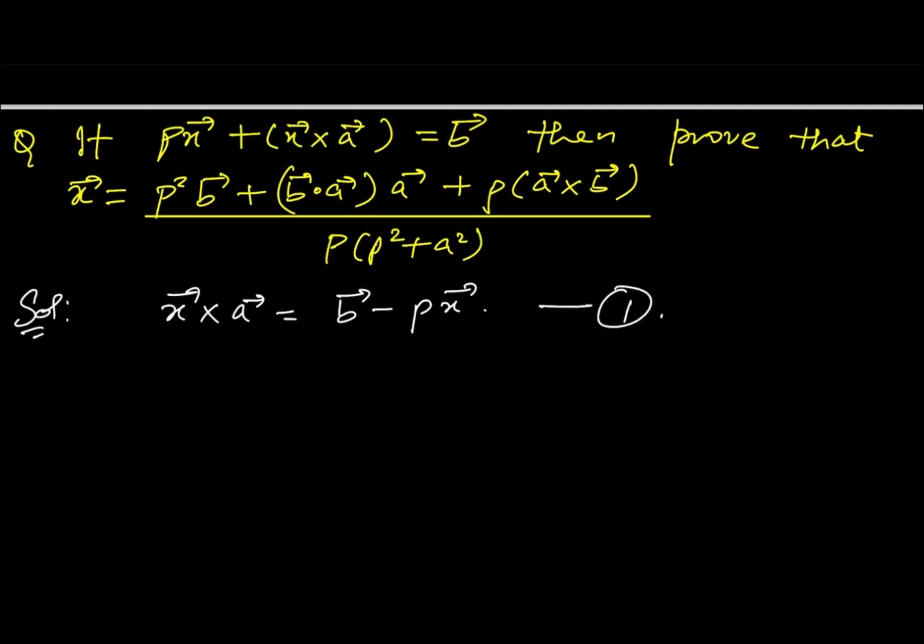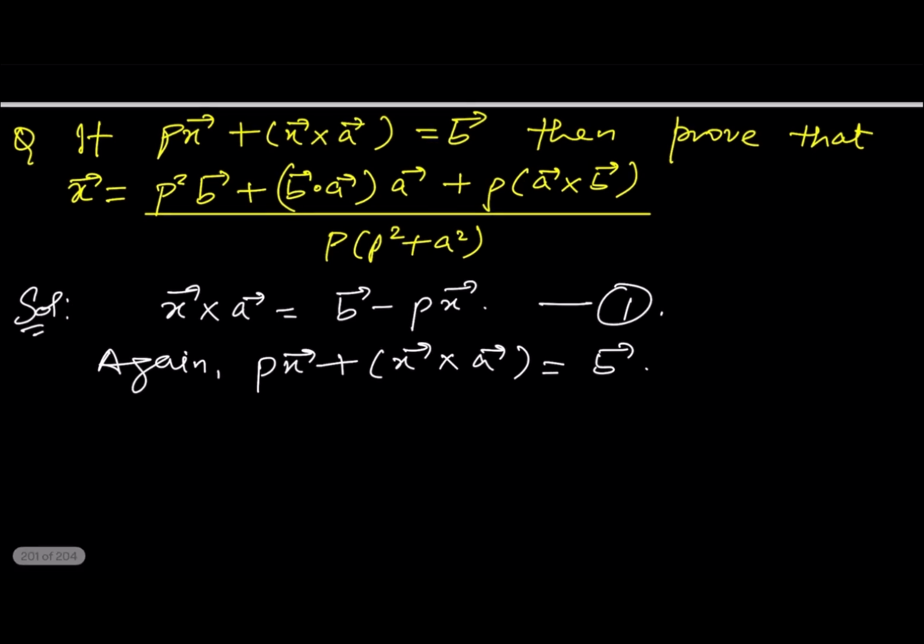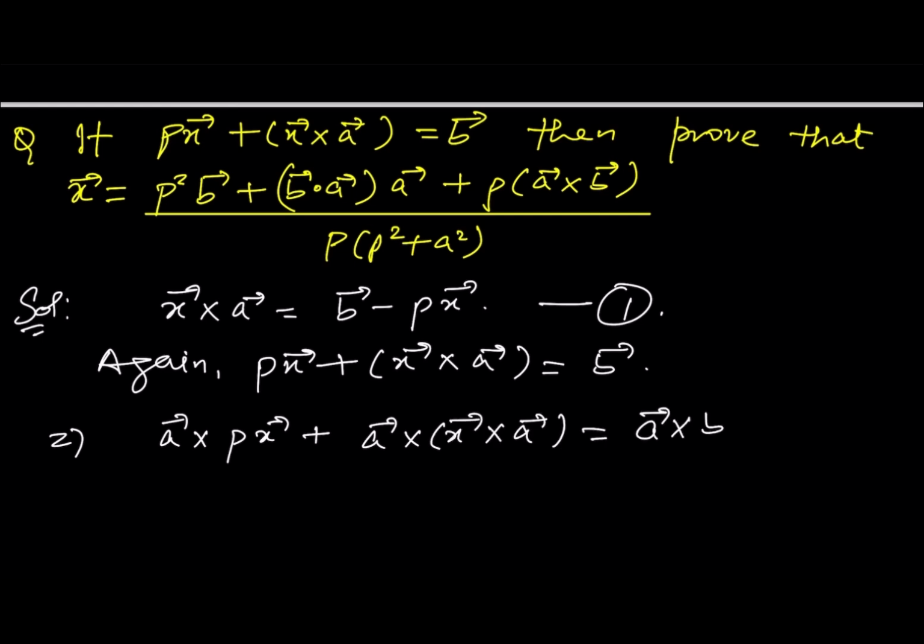Now again p x vector plus x cross A vector is equal to B vector. Now I have to make this A cross B. How can I make this A cross B? By taking cross product with A vector, I can make this A cross B. So A cross p x vector plus A cross x vector cross A vector is equal to A cross B vector, right?